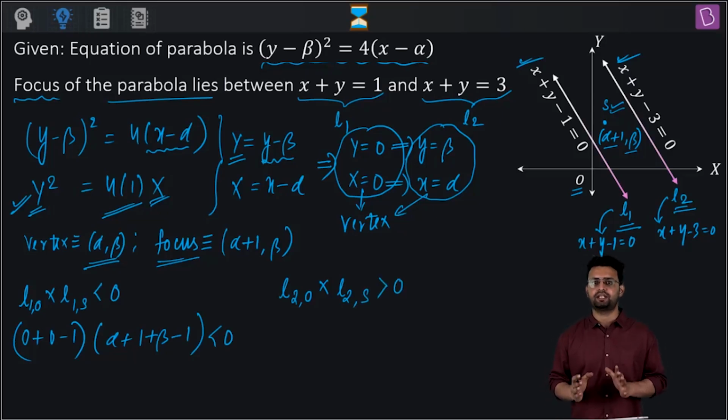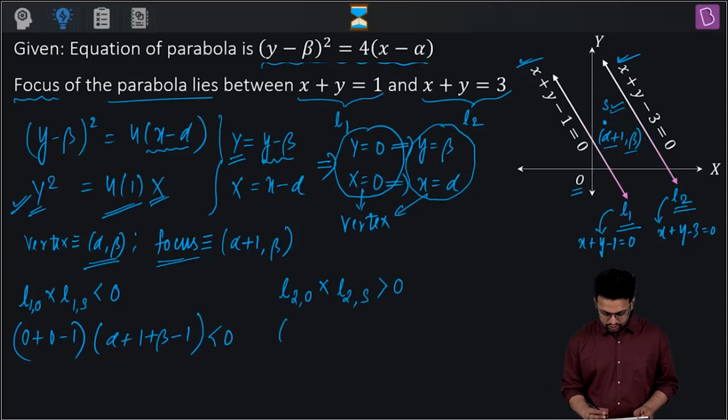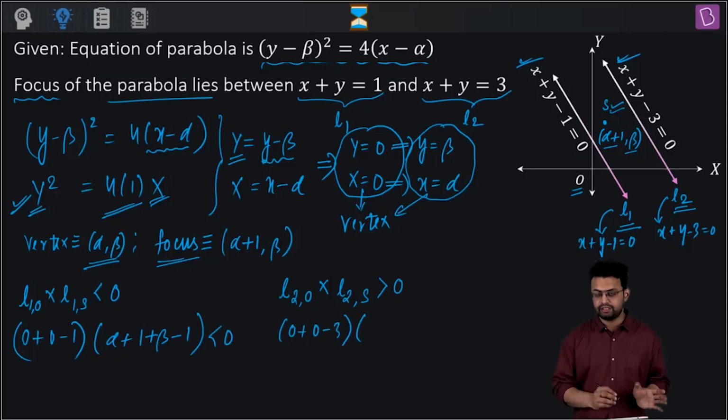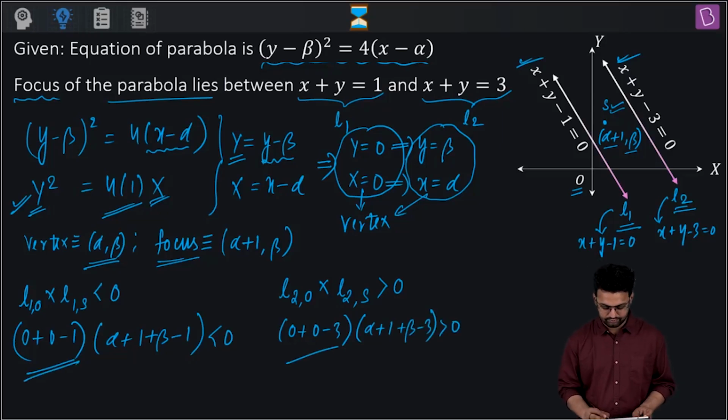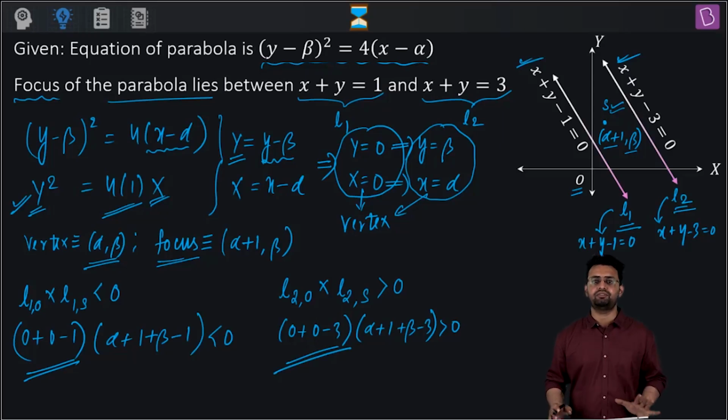Because both these points lie on the same side of the line, right? So in the equation of line L2, I put the origin: 0 plus 0 minus 3, multiplied by the same equation with the coordinates of the focus. So it will become alpha plus 1 plus beta minus 3 greater than 0. These are the two inequalities we have got by applying the condition, right?